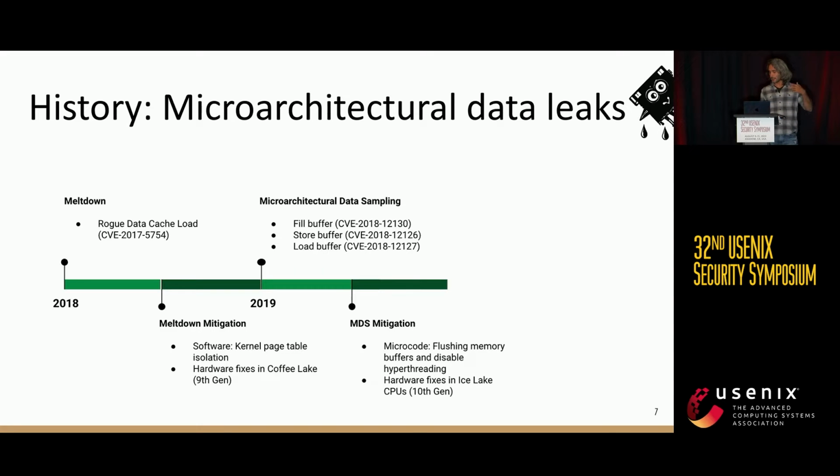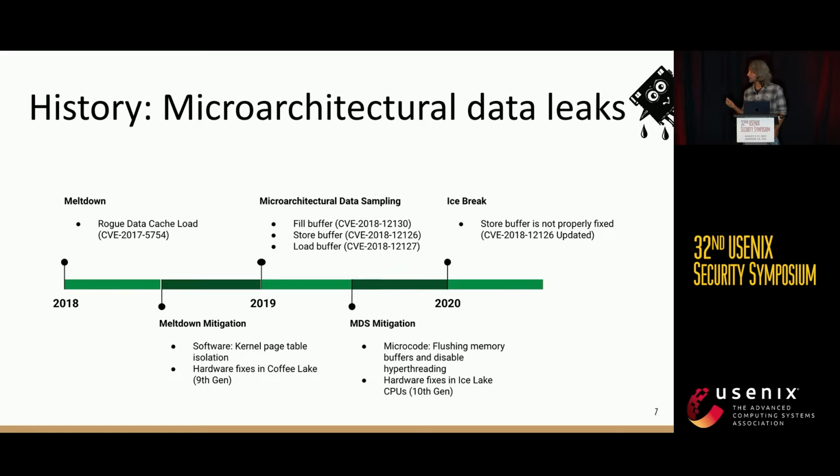Intel again claimed that by 10th generation CPUs they had finally fixed this issue in hardware. There were some glitches when they deployed this fix, because some of the parts they sold still didn't have the mitigation properly enabled. But finally, by the middle of 2020, everybody was fully confident that we had fixed this problem forever.